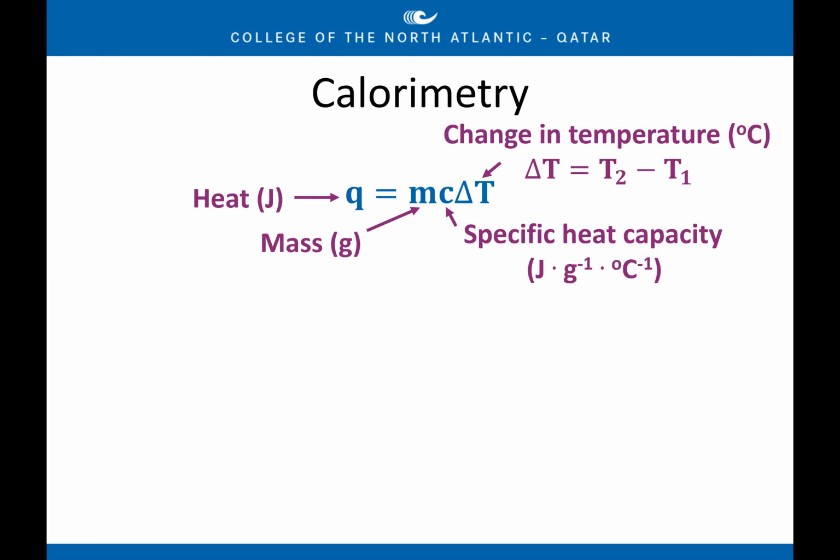So just a quick review. Calorimetry is the measure of heat in a system, keyword system. When you make a measurement in chemistry, your goal is to study the system, the chemical reaction.